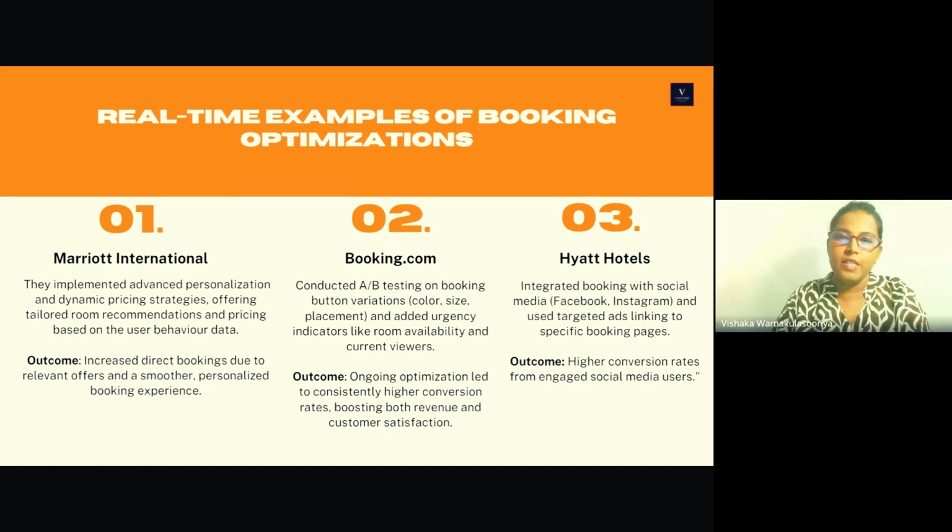Along with that, they added urgency indicators, like room availability. As an example, they mentioned the number of rooms available and the number of rooms left now. Based on that, they identified how users interact and what kind of current viewers they have. Based on that, they did ongoing optimization.